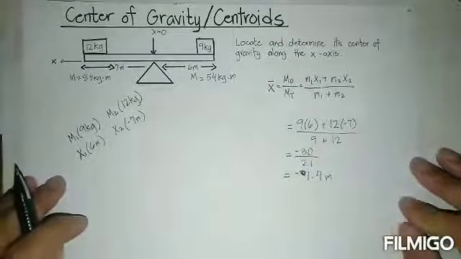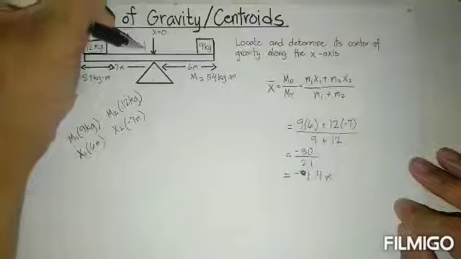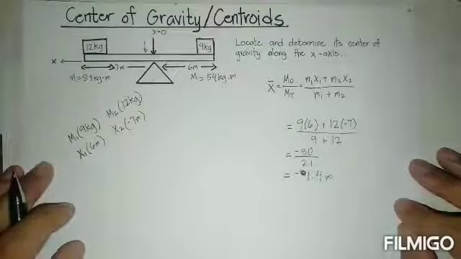So the center of gravity along the x-axis is at this position here, where x equals negative 1.4.